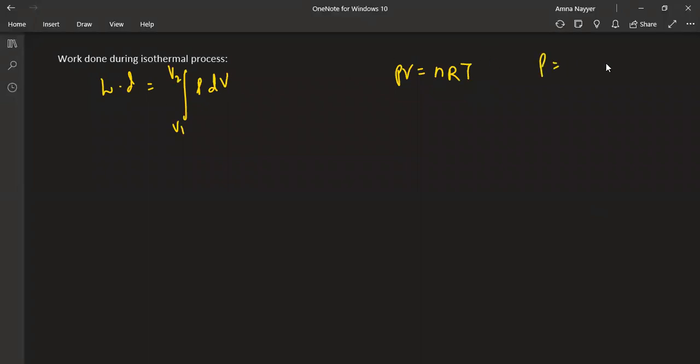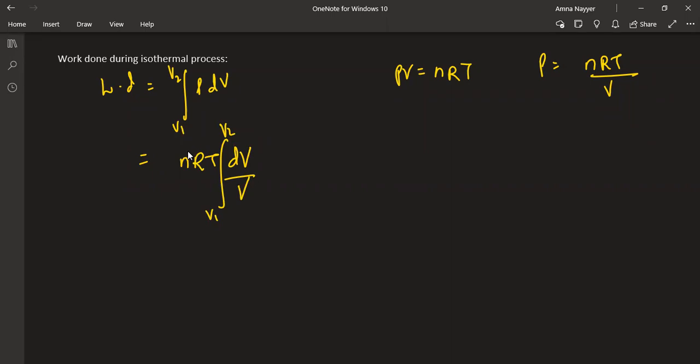See class, from here P will become equal to nRT divided by V. So put nRT dV over V, integration from V1 to V2, because these three are constant. See, number of moles is already constant. The universal gas constant is already a constant. And here temperature is also a constant. So all these terms are constant.